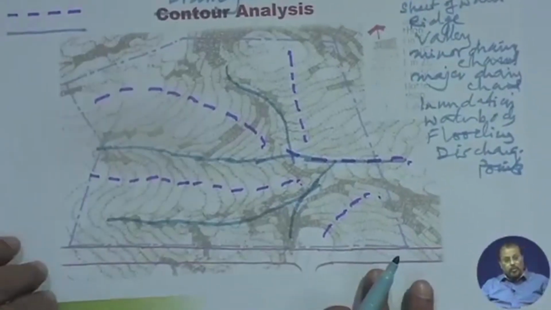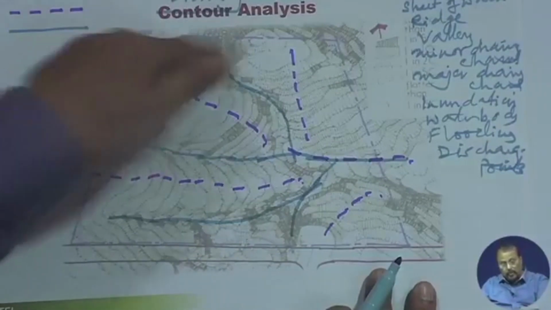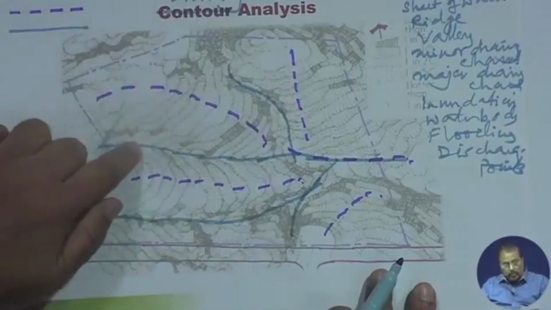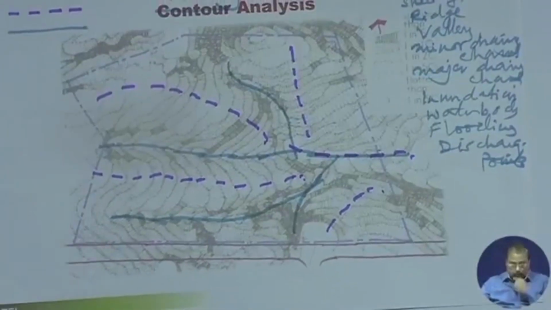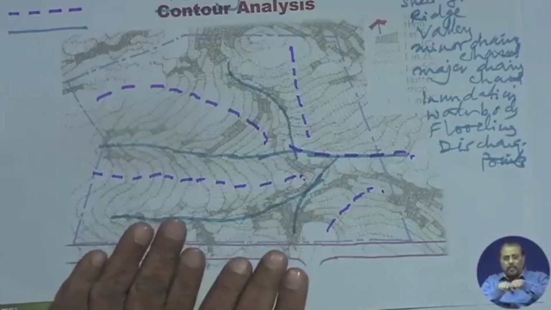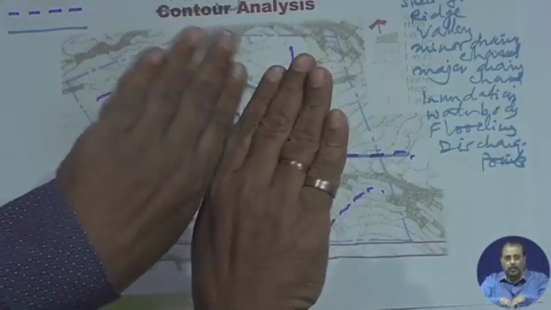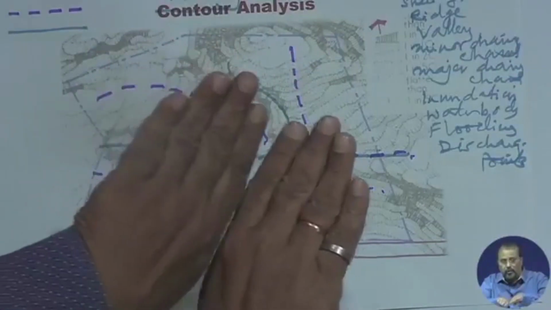Automatically you will find that if there is a ridge, next is a valley, next is a ridge, next is a valley, next is a ridge. If you find any drawing which has a ridge and another ridge and there is absence of valley, the drawing may be erroneous. Look at my hand: ridge sloping in this direction, ridge sloping in this direction, this is the valley.